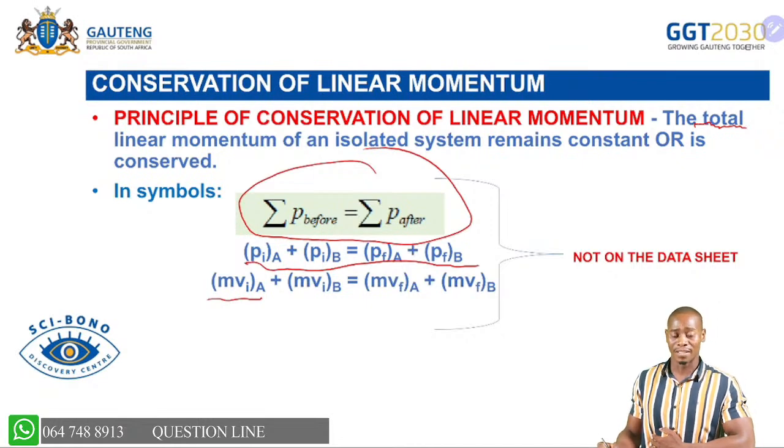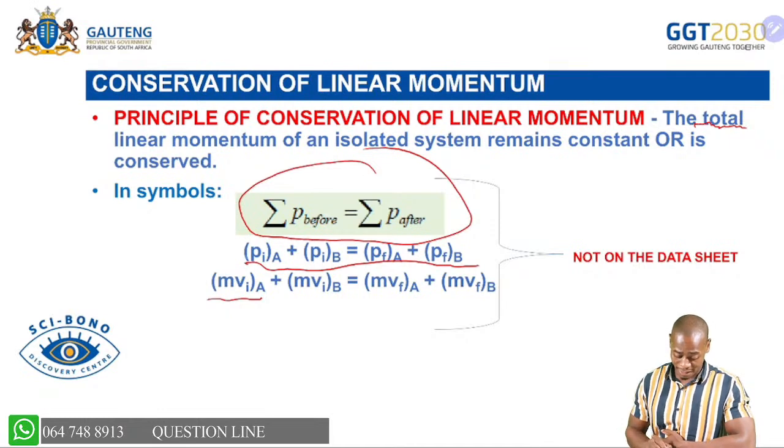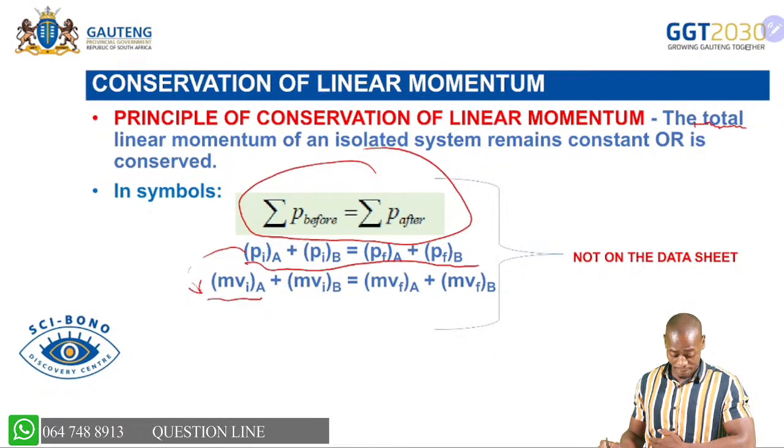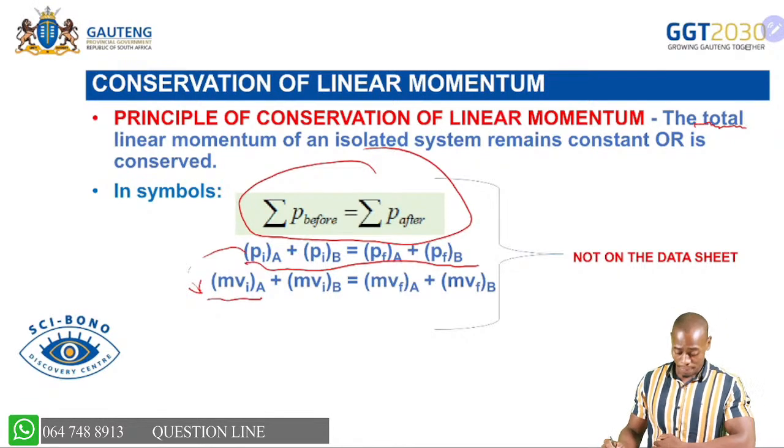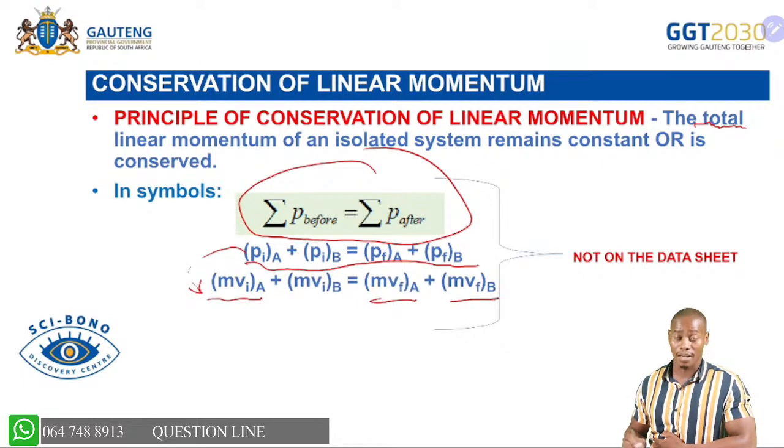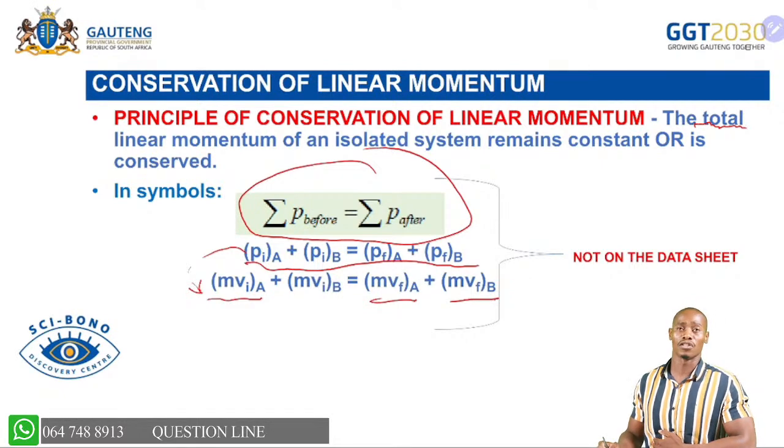Momentum of an object is given by p equals m v. So we can expand this to m v i for object A plus m v i for object B equals m v f for object A plus m v f for object B. So that is the principle of conservation of linear momentum in symbols.